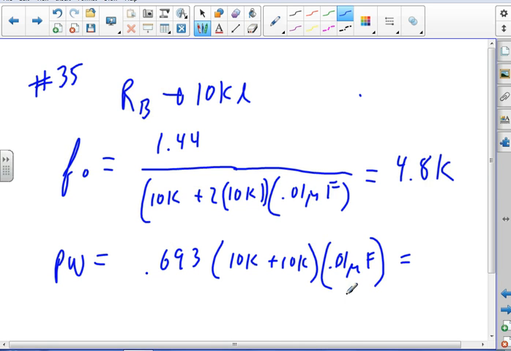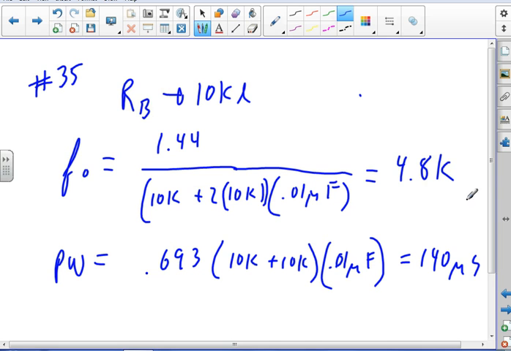Looks like 140 microseconds is the pulse width.